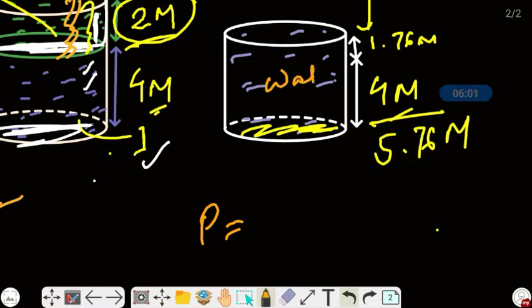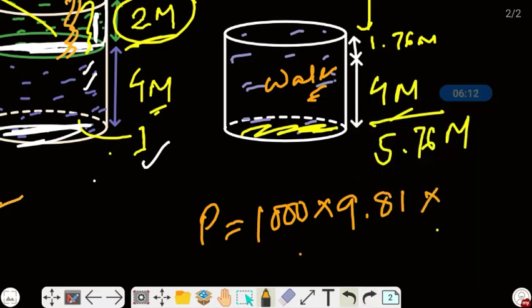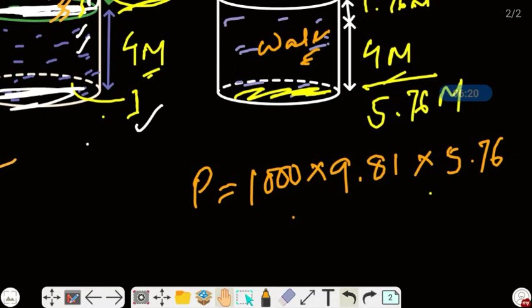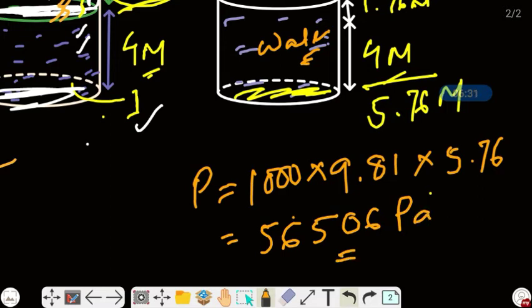So rho will be 1000 and g is 9.81, into h, which is 5.76 meter of water. We have to calculate this, and the answer will be 56,506 Pascal, which can also be written as 56.506 kilopascal.